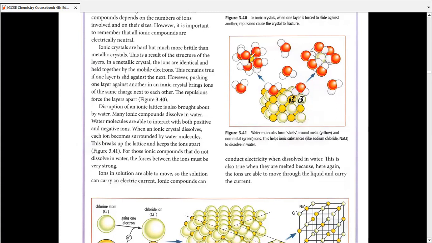Take a look. The sodium ions are surrounded by water molecules, and here the chloride ions are surrounded by water molecules. So when water breaks the lattice apart ion by ion, it takes some time, and the ionic compound dissolves in water and disappears. That's what happens when you physically observe it. Take a glass full of water, take a spoonful of salt, and throw the salt into the glass. You would see that the salt settles at the bottom of the glass.